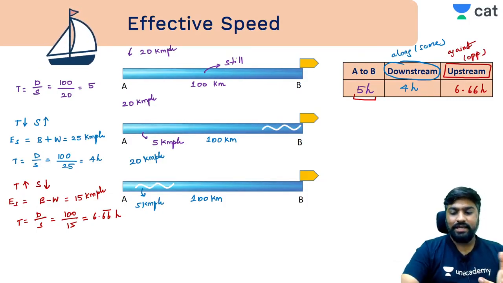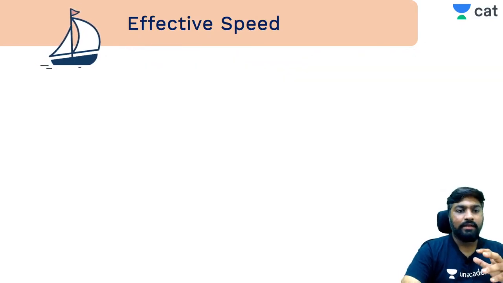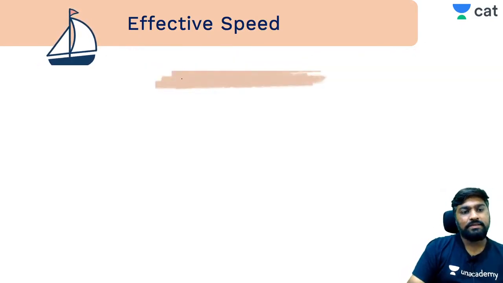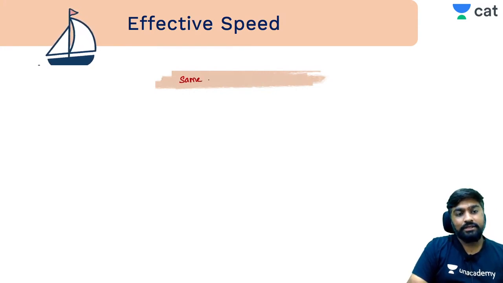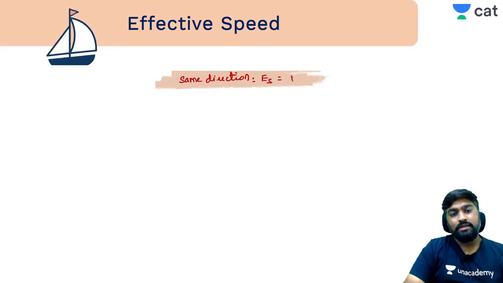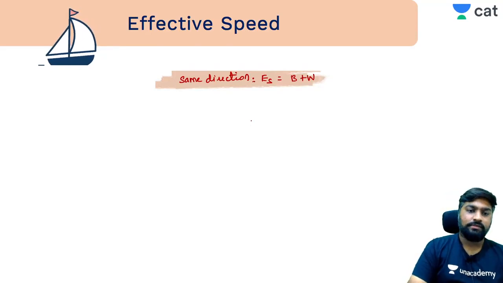Cool. So now let's try to sum all of this up, right? Let's first understand what happens when the boat and water are moving in the same direction. When they are moving in the same direction, the effective speed becomes the sum of the speed of the boat and water.